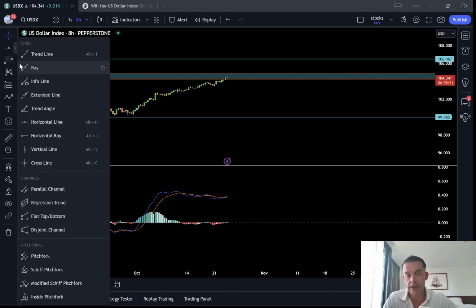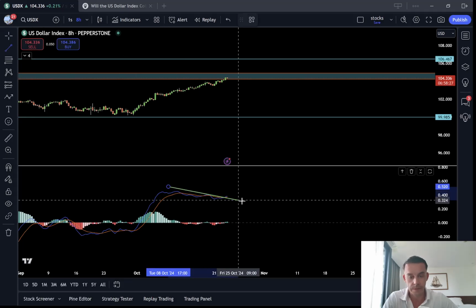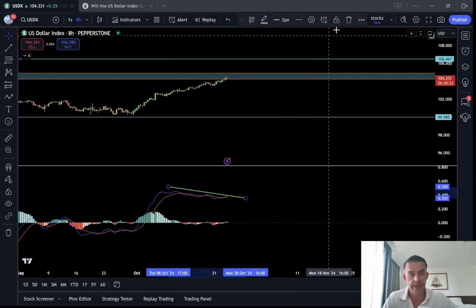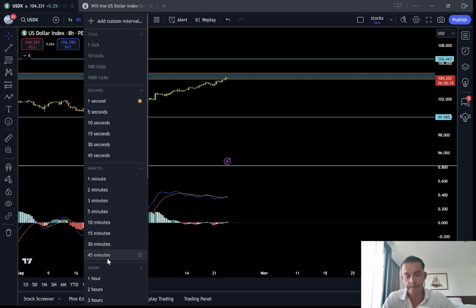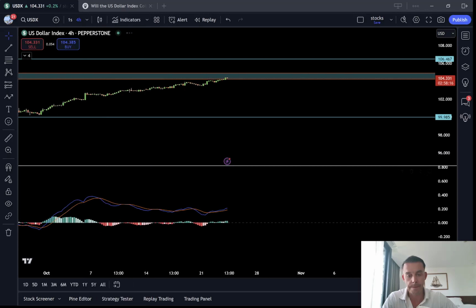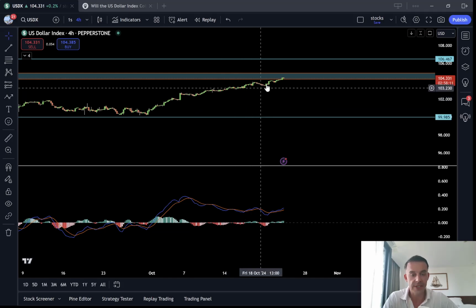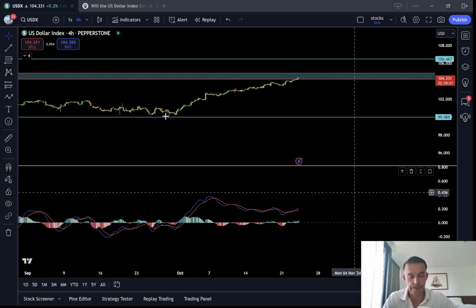On the 8-hour chart, buy momentum is starting to fizzle out. If we zoom into the 4-hour, again, similar story. Price is grinding up higher and the MACD is moving lower.